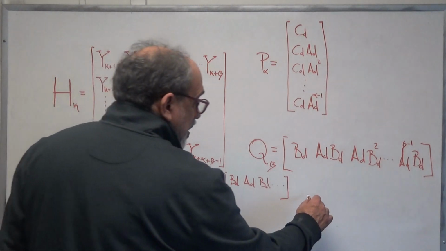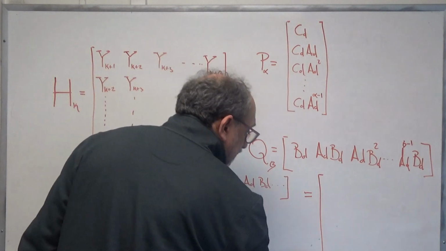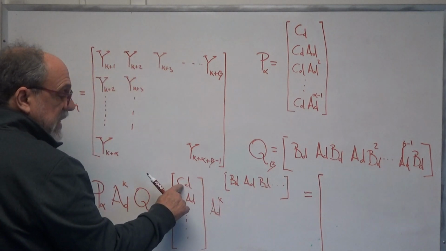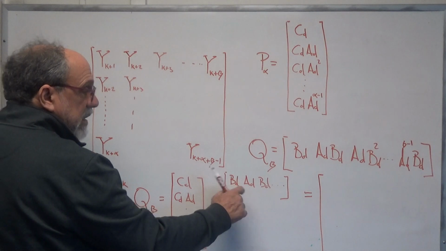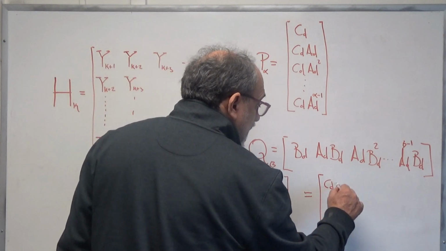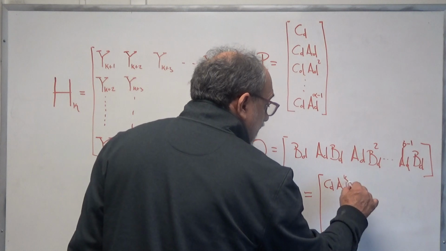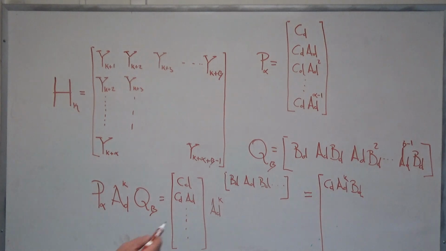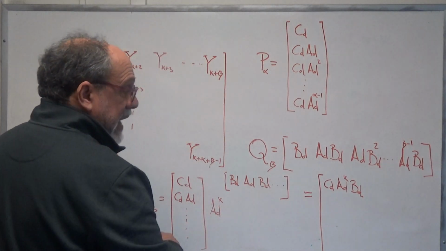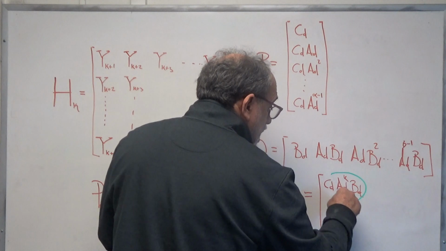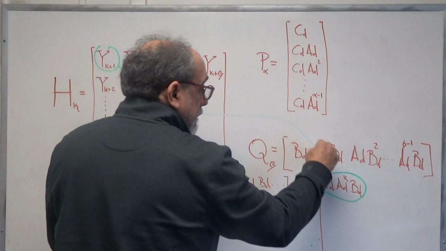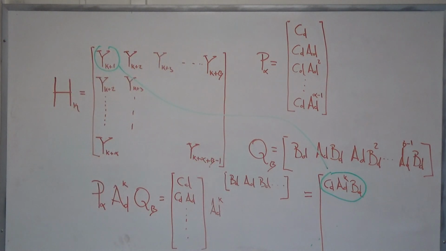Now you can see, if you track that multiplication, for the first entry, the 1,1, we would get CD AD to the K BD. That entry is Markov parameter K plus 1.